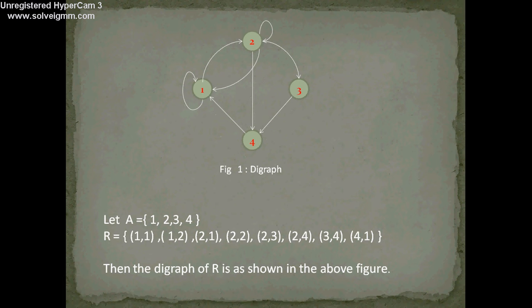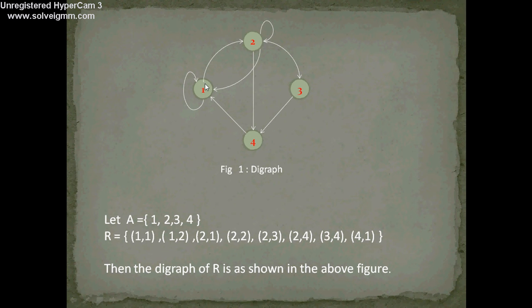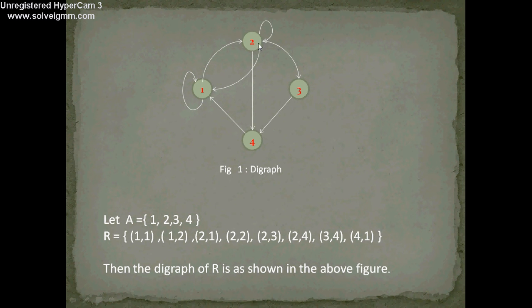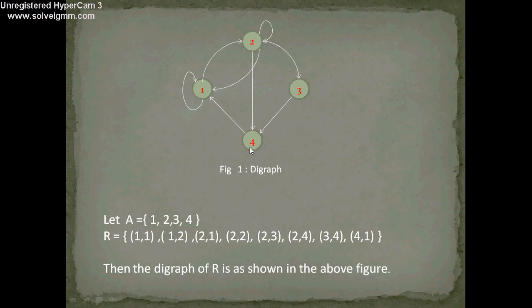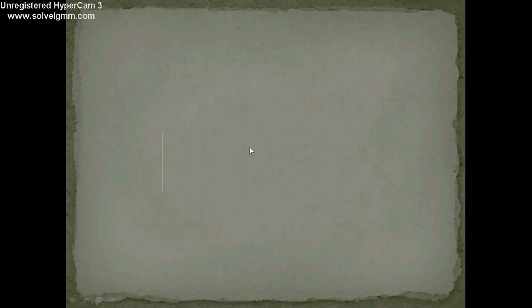Since we have 1 comma 1, there is a self loop here. We have 1 comma 2, so there is a directed edge from vertex 1 to vertex 2. We have 2 comma 1, so there is another directed edge from vertex 2 to 1. 2 comma 2 is a self loop. 2 comma 3 we have a directed edge here. 3 comma 4 again a directed edge, and 4 comma 1 we have this directed edge. So in this way we represent relations.